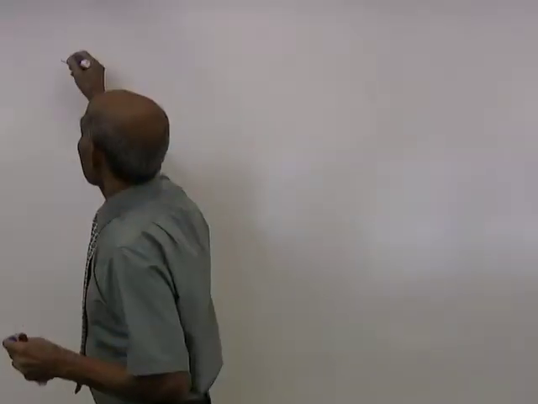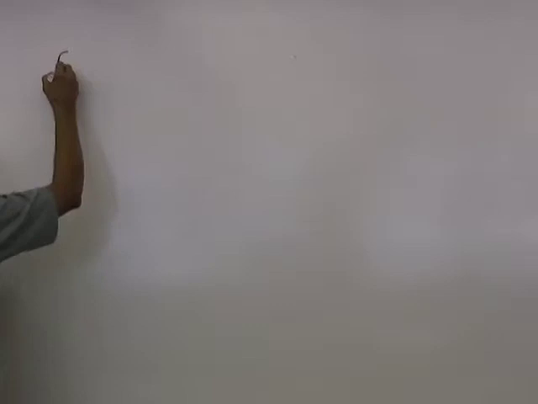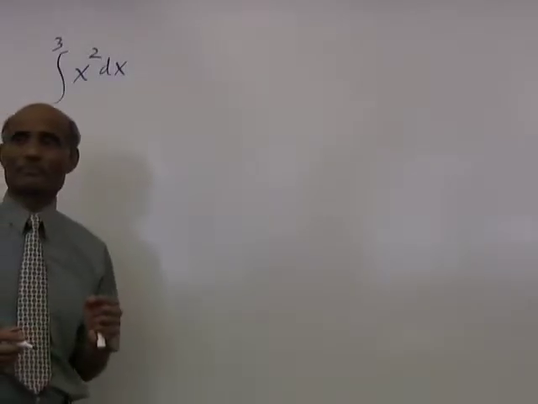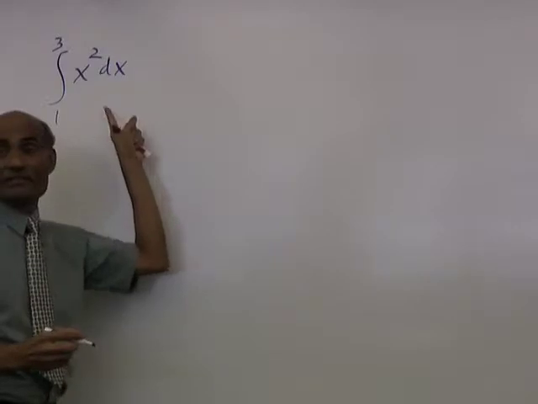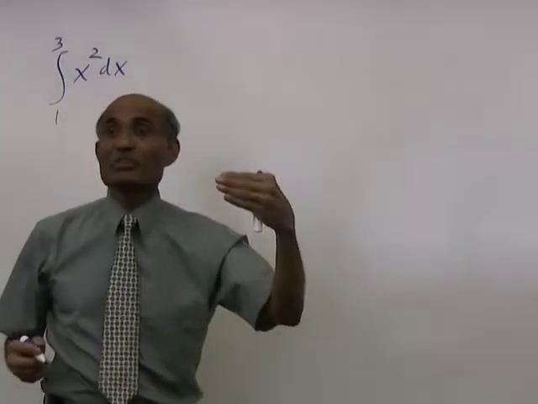Alright? Okay. Let's do a simple problem using the fundamental theorem. Find the value of integral 1 to 3 x squared dx. Now, first of all, what are the steps that you need to take?